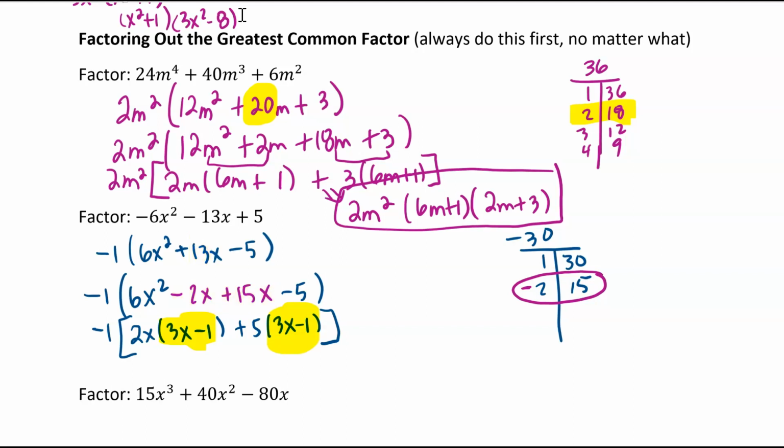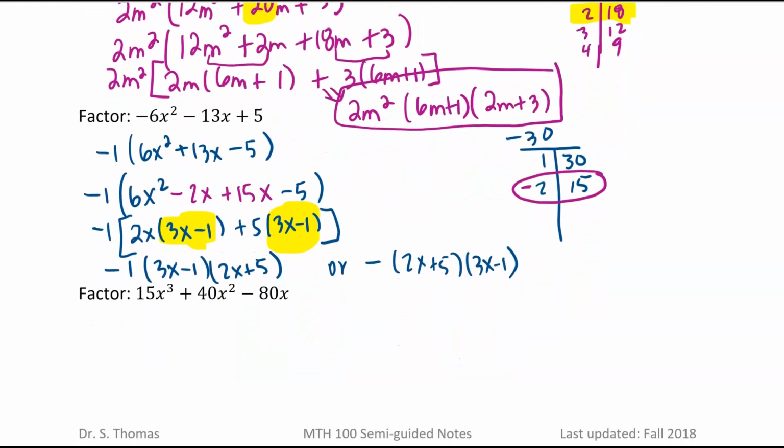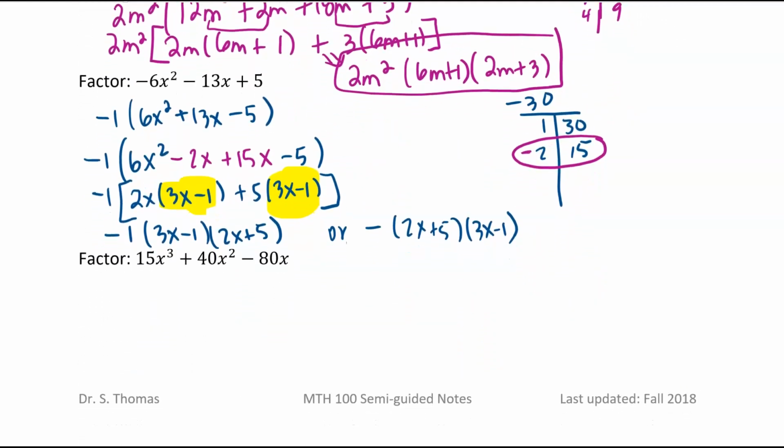So finally we get the answer -1 times 3x minus 1 times 2x plus 5. And this could be -2x plus 5 times 3x minus 1. That 1 in the very front is understood. As long as you have that negative, you are good.